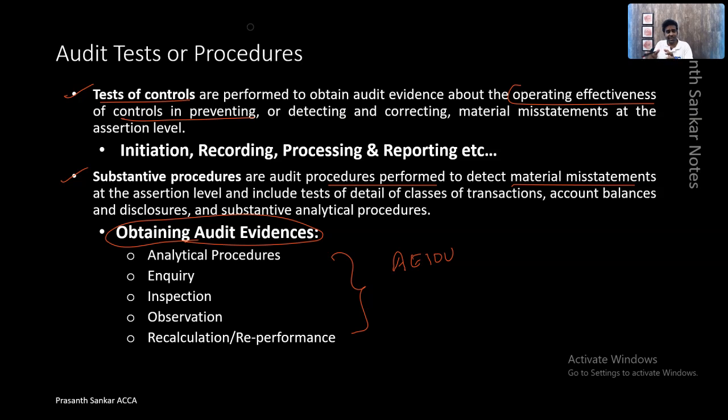Recalculation: the client has calculated some depreciation and we recalculate it, a way where the auditor is reperforming and checking whether they are appropriate. That itself is considered as obtaining evidence. So that's called substantive procedures.